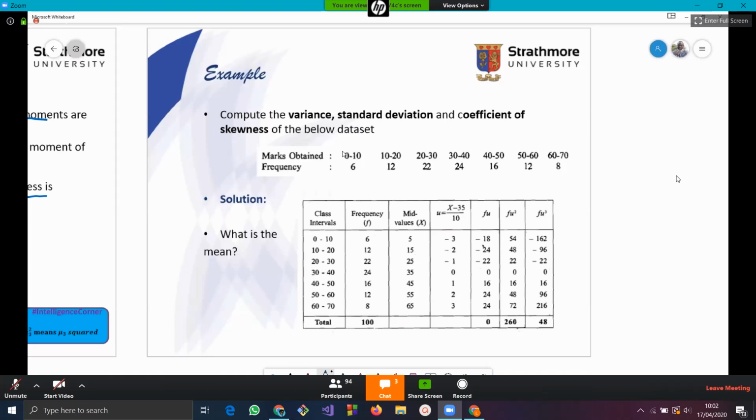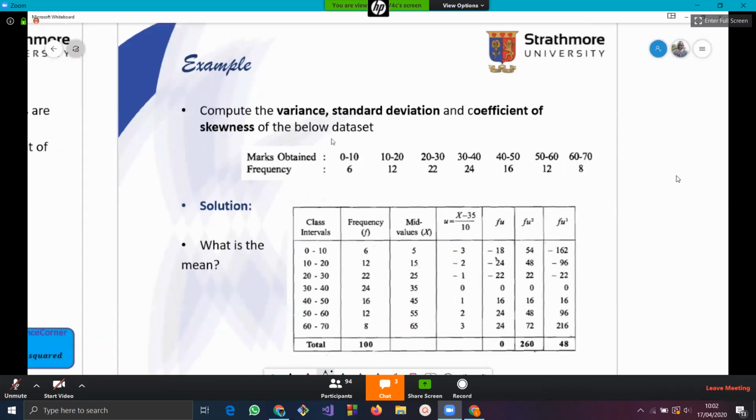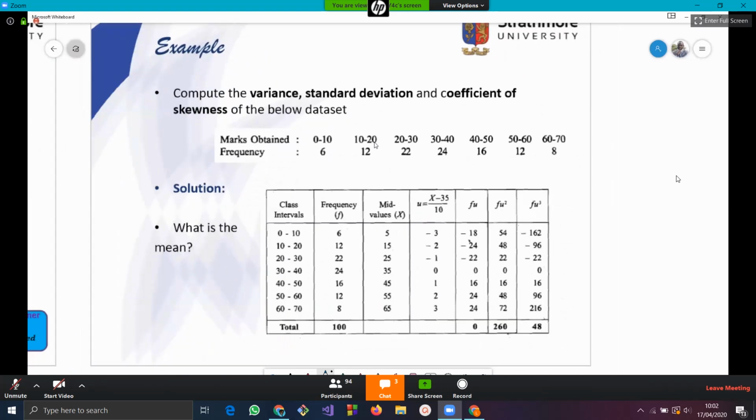Let's say I'm given 0 to 10 has a frequency of 6, 10 to 20, 12, and so on and so forth. Then I am asked to compute variance, standard deviation, and skewness, whether this distribution is positively skewed or negatively skewed. So we are going to go through this together very fast.